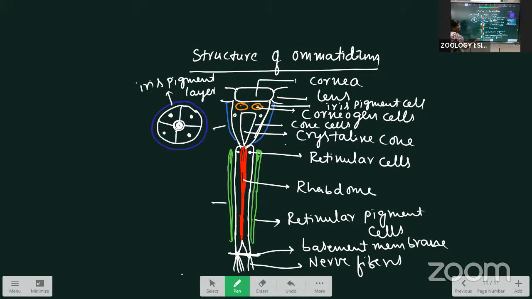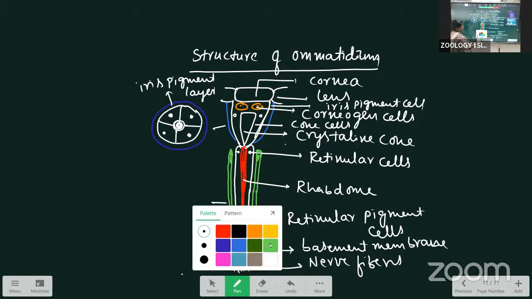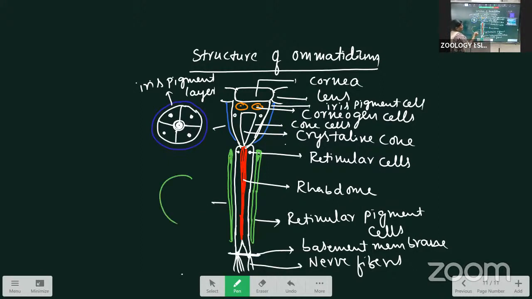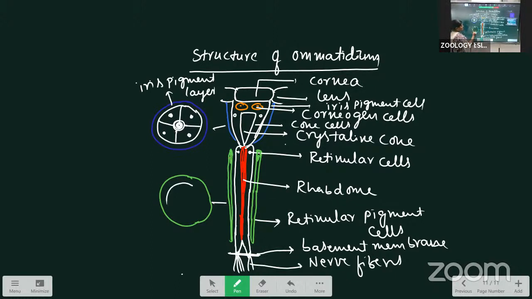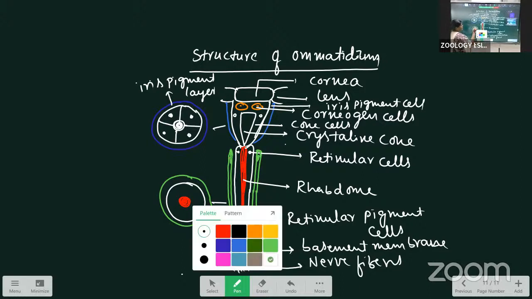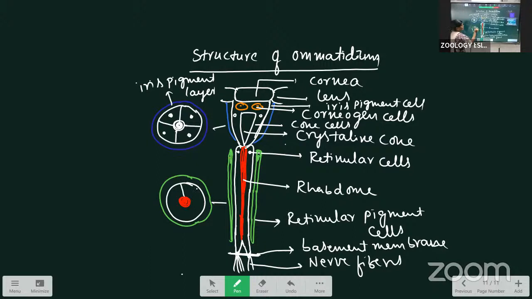Next, this one is the lower section. Seven cells are surrounding the center. Rhabdome is present. One is retinular cells.